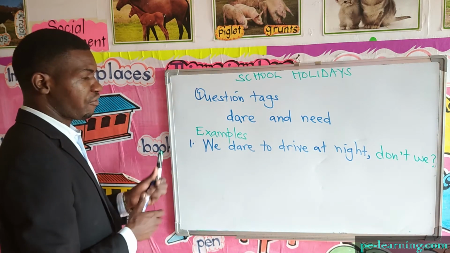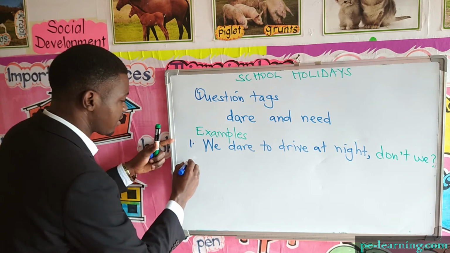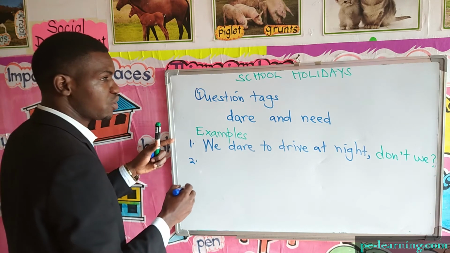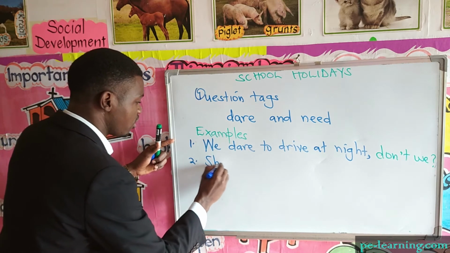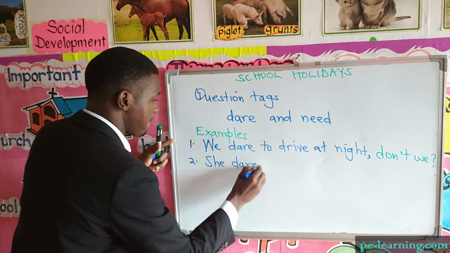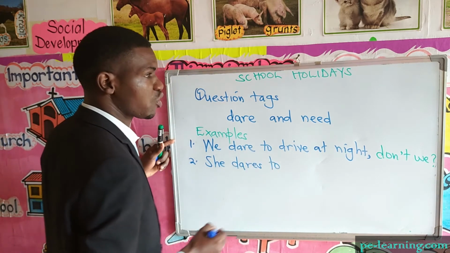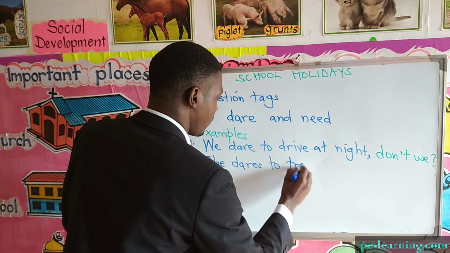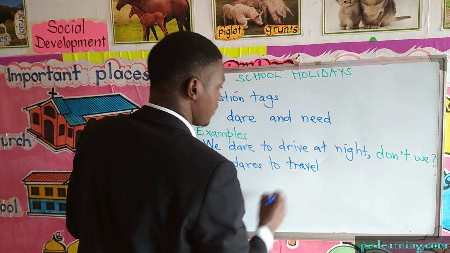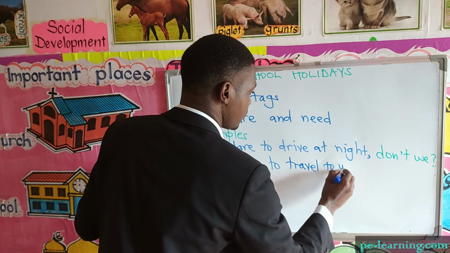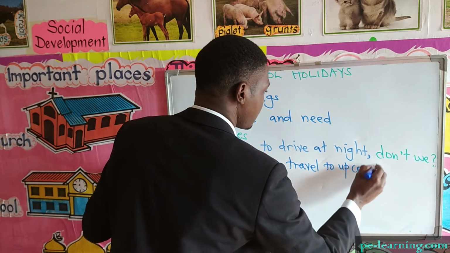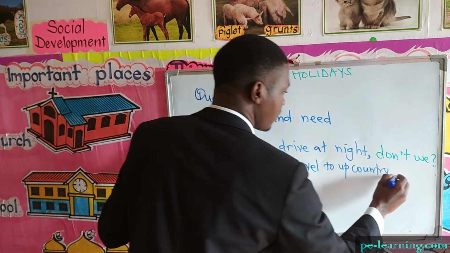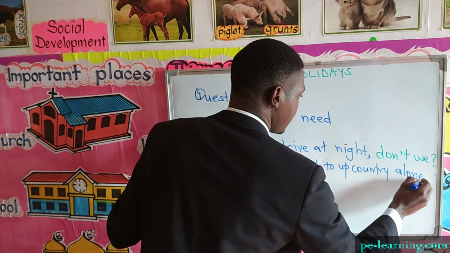And then we have another one in the present simple, which will be: she dares to travel up country alone.